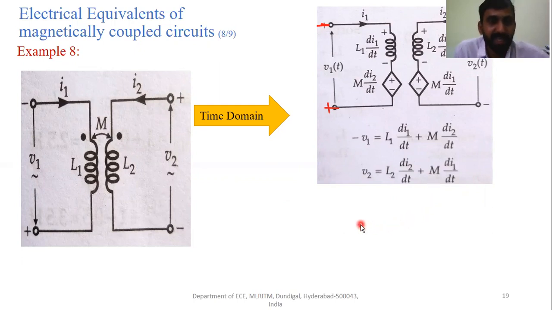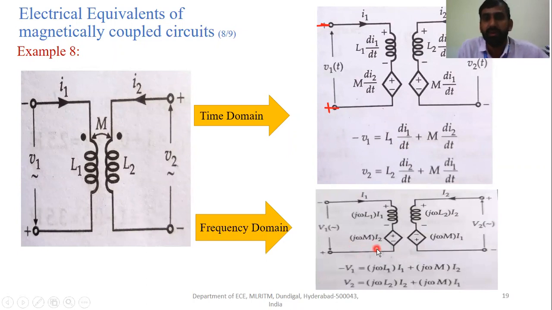So if you want to represent the same circuit in frequency domain, just multiply with the j omega term with respect to the differentiation of the time domain signal, right? So this is going to be our frequency domain signal. So again, minus V1, because here V1 is negative, is equal to j omega L1 I1 plus M into j omega I2, right?